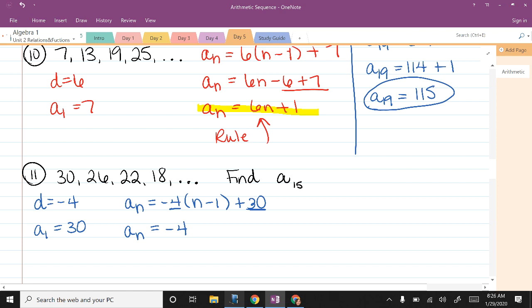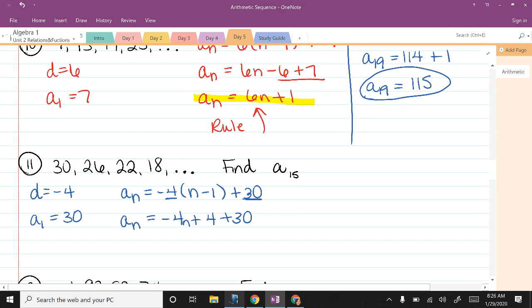What's -4 times -1? +4. I forgot my n, didn't I? -4n plus 4 plus 30. And what's my last thing I have to do to simplify? Yeah, I do my like terms. 4 plus 30. So A sub n equals -4n plus what? 34. There's my rule. So any questions about how we got the rule?